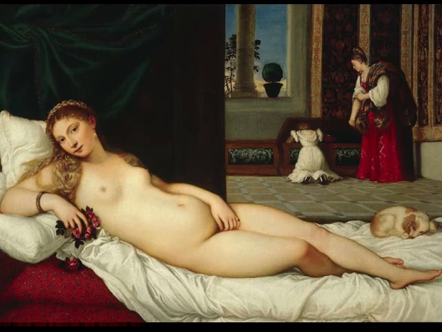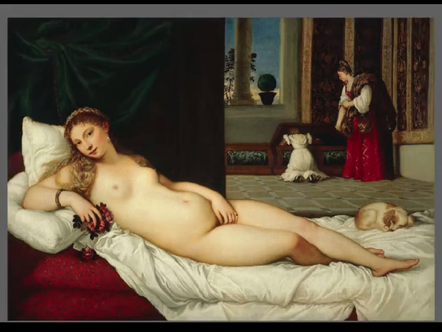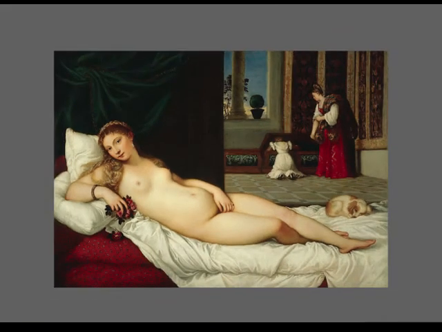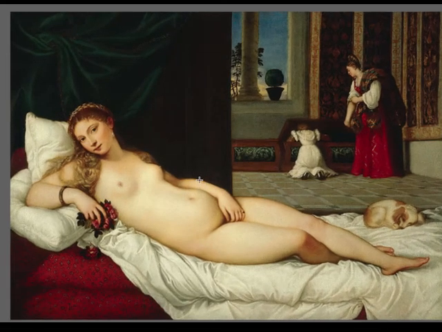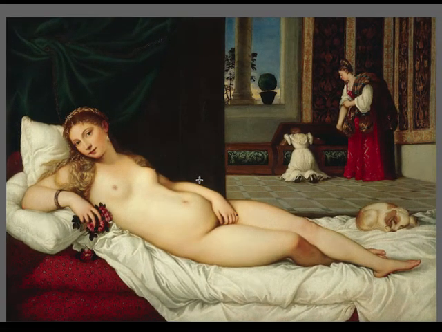This is another Titian. We'll zoom out so you can see the whole composition. This is called the Venus of Urbino, and it's a Venus, a mythological figure, the kind of subject like the Birth of Venus by Botticelli. It's a similar sort of idea.